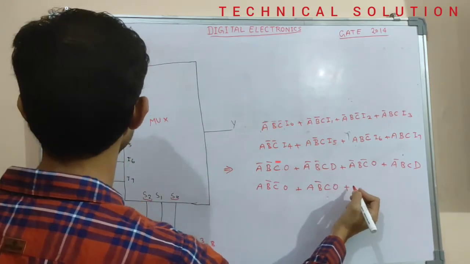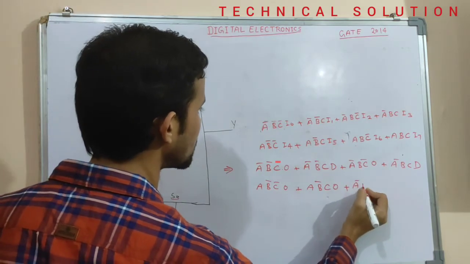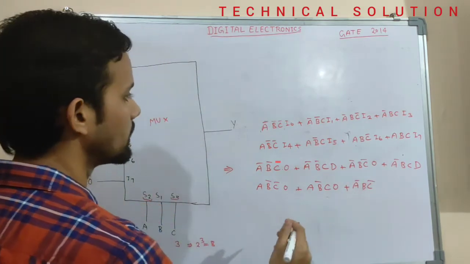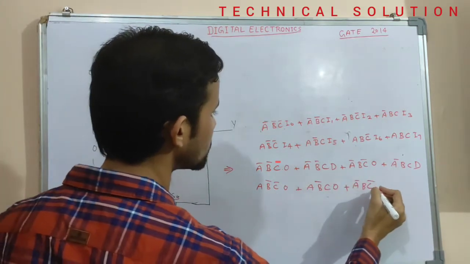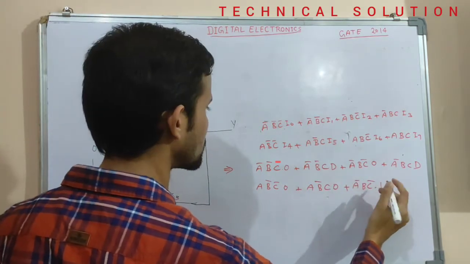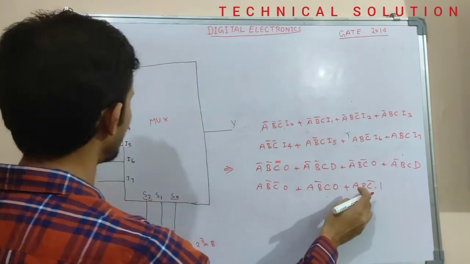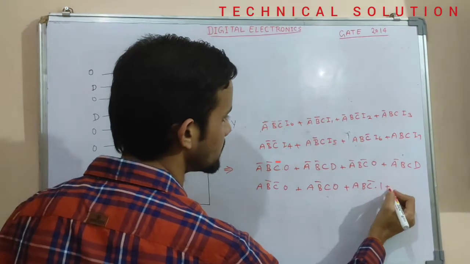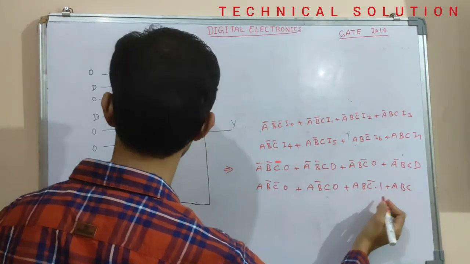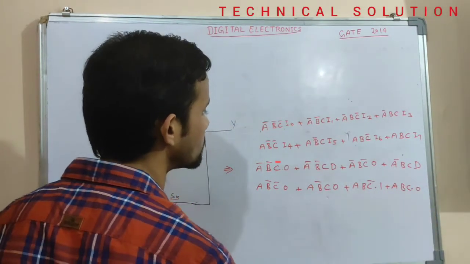Sorry, A, B, C bar, and this I6 is 1, and next is A, B, C, and this I7 is 0. Okay.